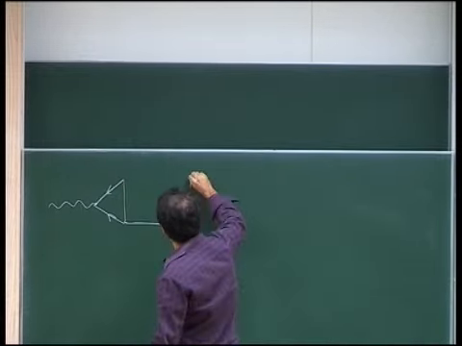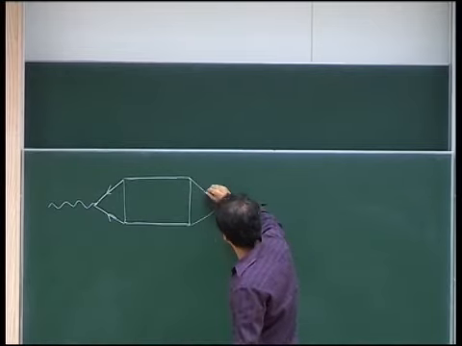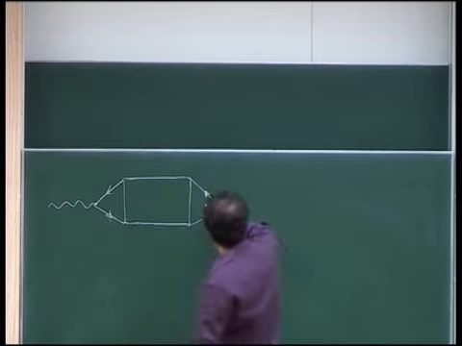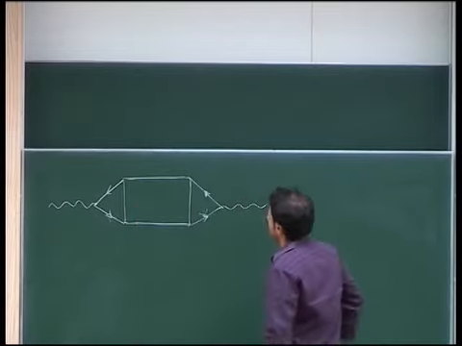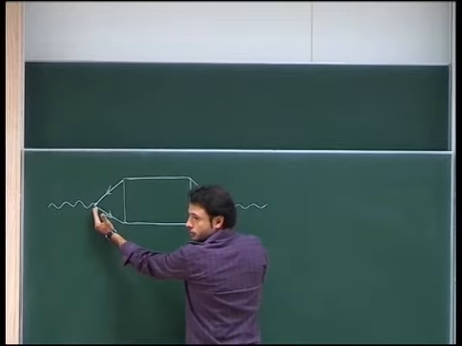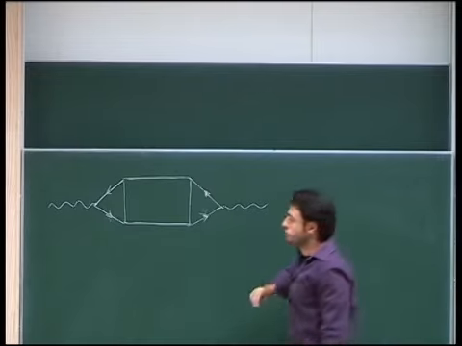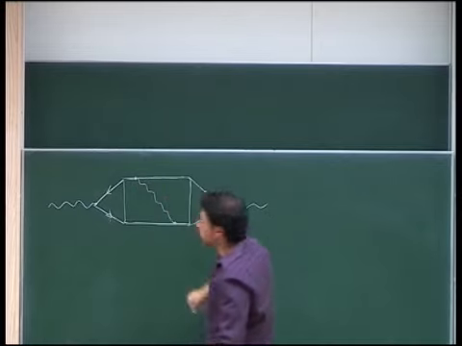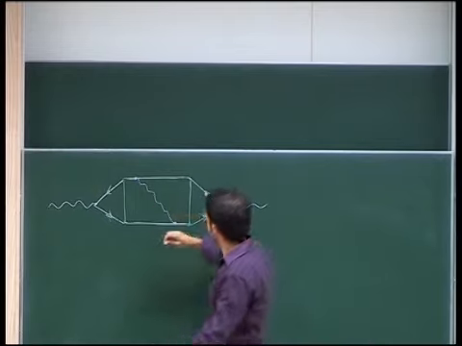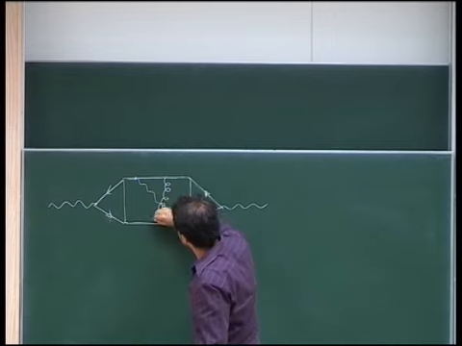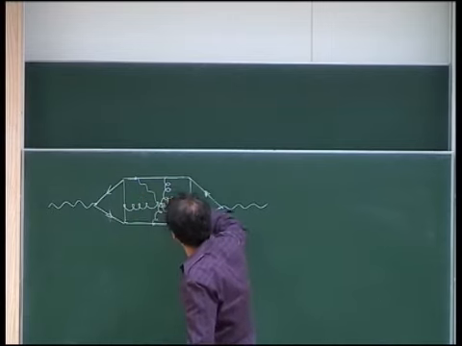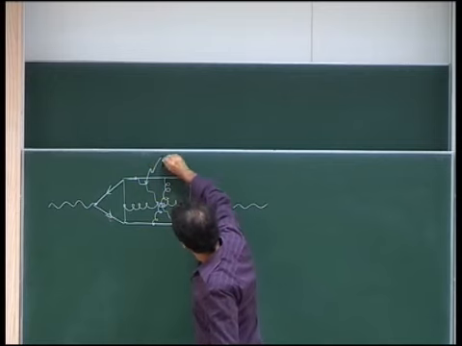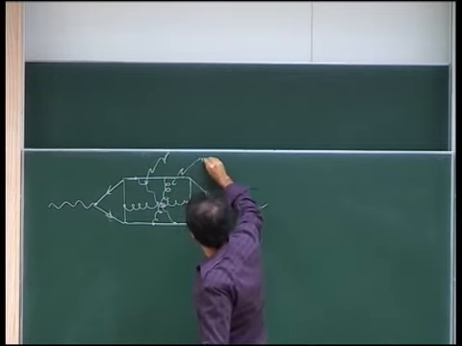And what you want to really calculate is this object in the middle, which of course includes all sorts of quantum effects, such as photons running in here, gluons, and in general any field you have in your theory. So for example, this one here would be a photon, and this one would be, say, a gluon.